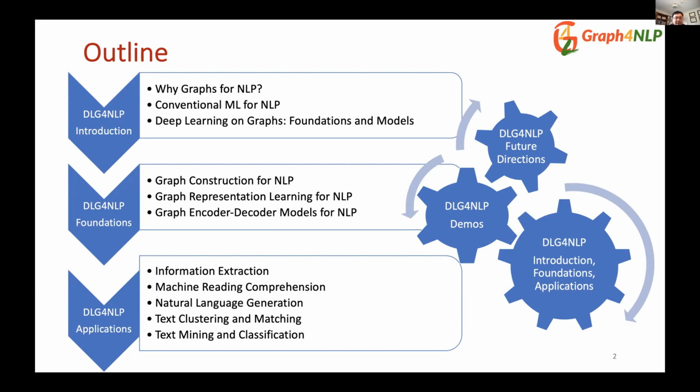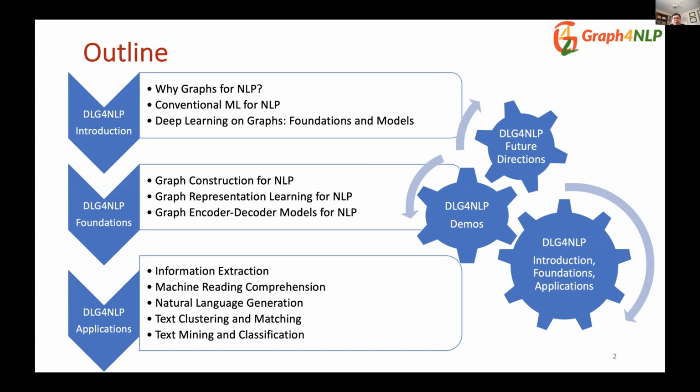In the third part, Heng, Yunyao, and Bang will talk about how to leverage the power of graph neural networks for variants of NLP tasks, such as information extraction, machine reading comprehension, natural language generation, and text mining, text clustering, matching, and classification.